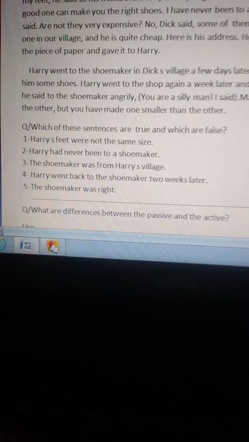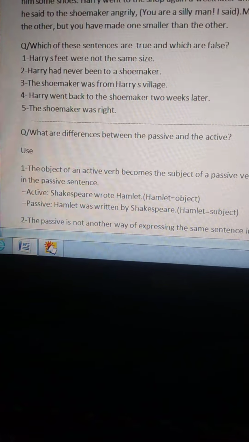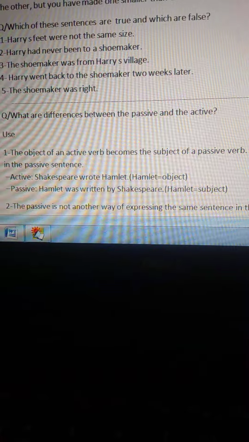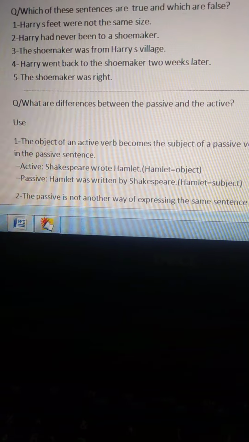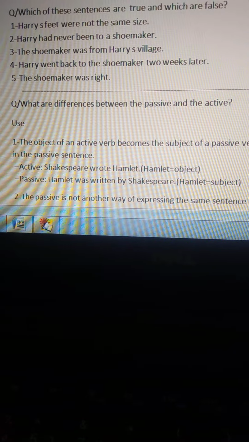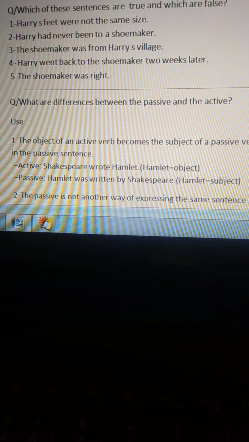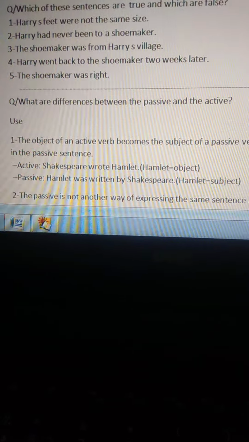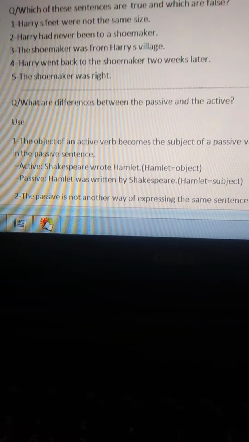Question. Which of these sentences are true and which are false? Number 1. Harry's feet weren't the same size. 2.